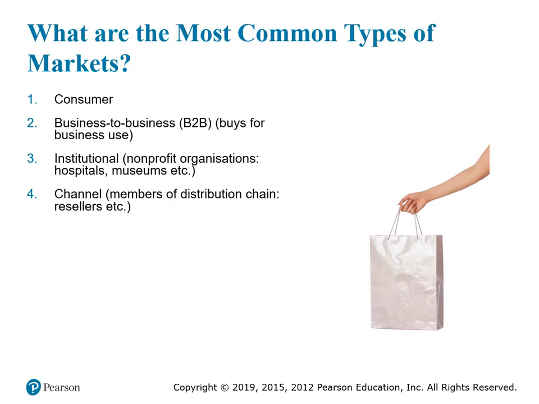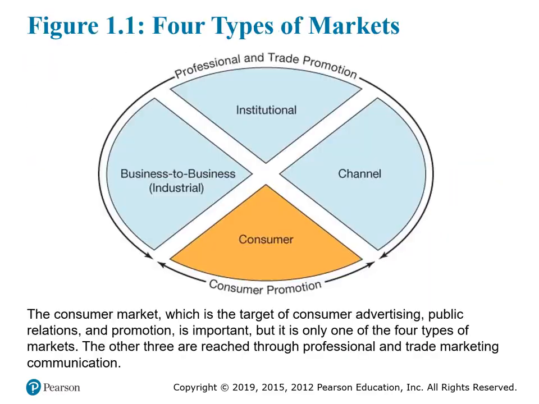They are there basically to get donations or volunteers or whatever it is, visitors. And channel, members of the distribution chain, resellers, wholesalers, retailers who are there to carry your products and sell them off to somebody else, right?